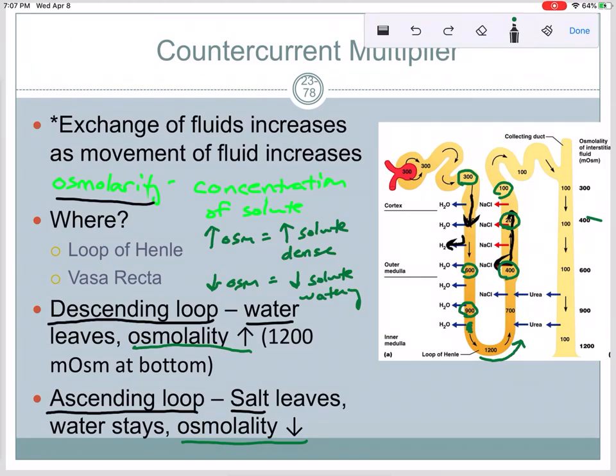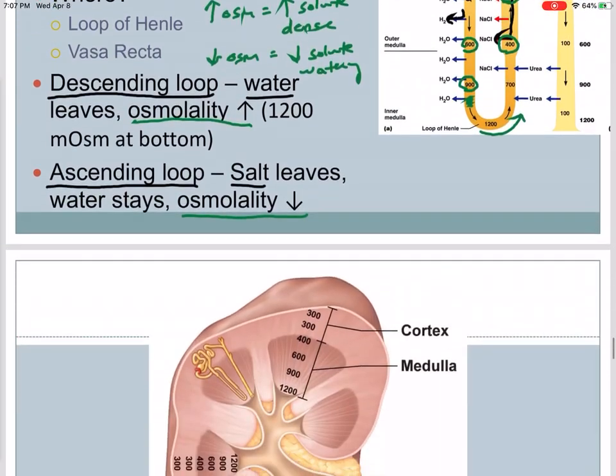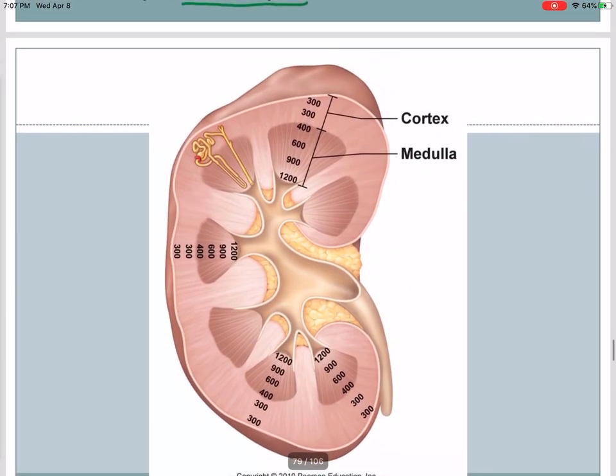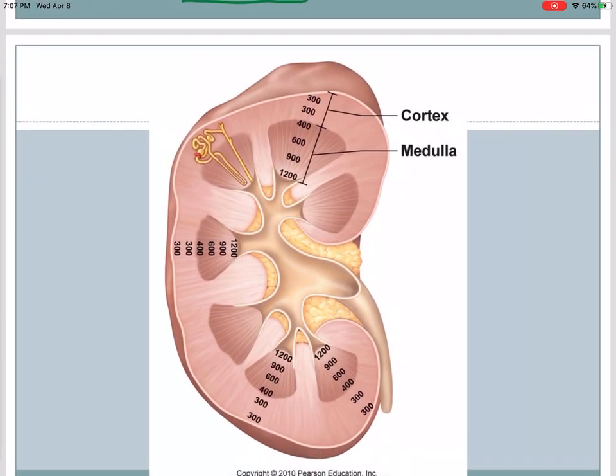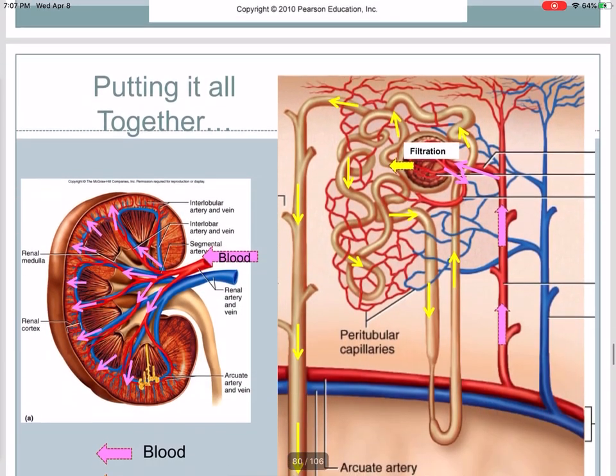The ability of the loop of Henle to reabsorb more or less water and solutes helps to maintain homeostasis of these solutes. In the process of doing so, the osmolarity of the fluid will change, but that's okay. And this shows you those osmolarity numbers going down into the medulla, but don't worry about that.